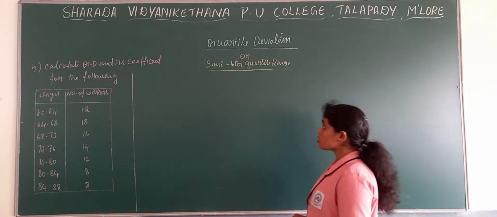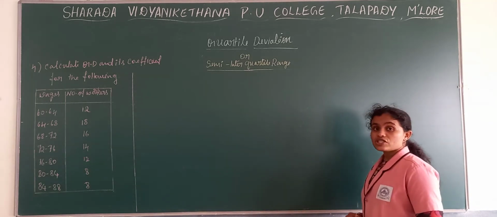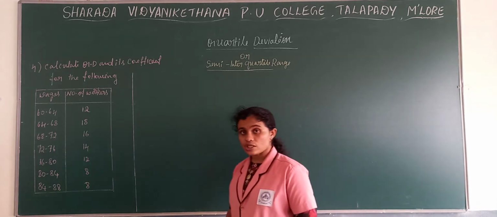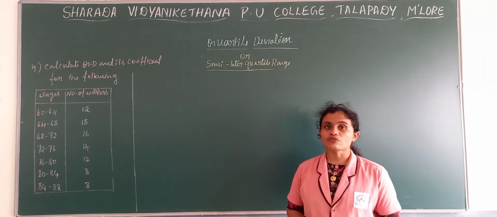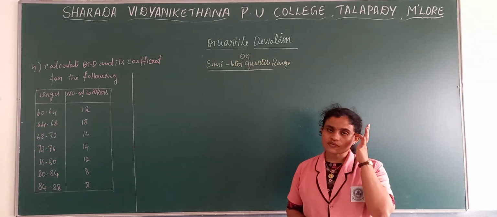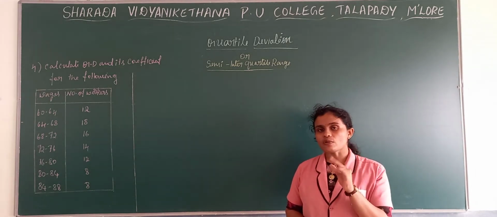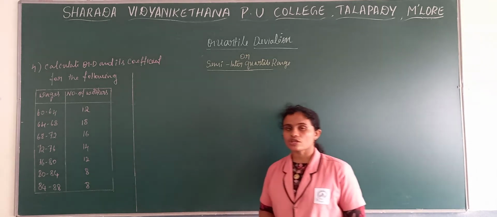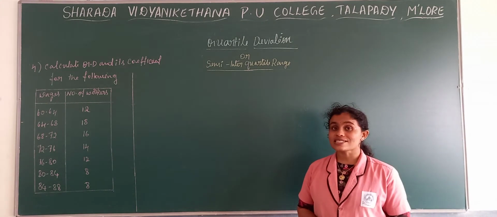Quartile deviation comes under measures of dispersion, which is one of the measures of analysis of univariate data. There are measures of central tendency, meaning the five averages, then partition values or measures of position, that is quartiles, deciles, percentiles.